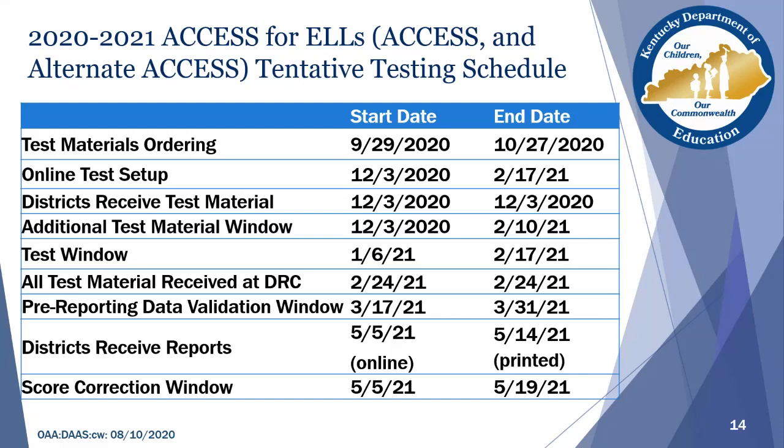Then the next date is the online test setup. You will start in your district setting up your computers for ACCESS. Some of you will already have your test set up for the screener, because you have to do that before December 3rd comes. But it will officially open for ACCESS test setup, and your students will be pre-populated in there as of December 3rd.